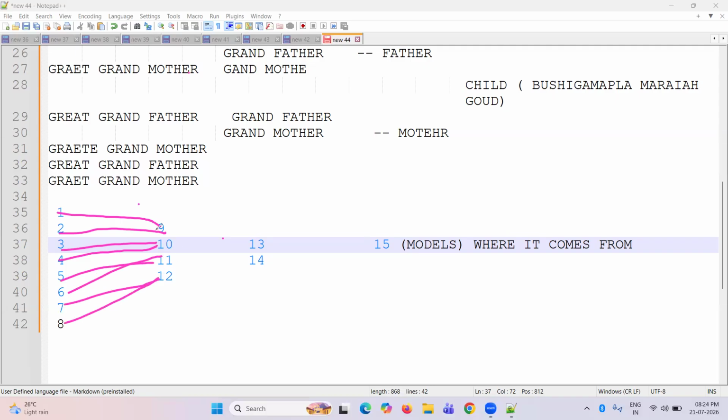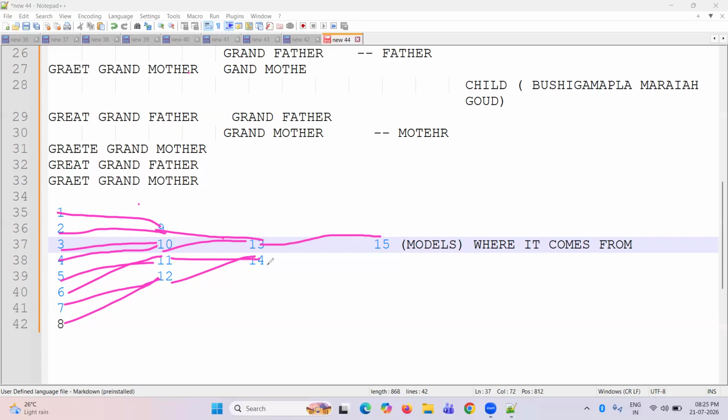Then again, I'm joining ninth and 10th for the 13th, and 11th and 12th for the 14th. Sometimes it's going to be like joining 9 with 10, 9 with 11, 9 with 12. We're going to have multiple models, not just one or two. This is a simple model to understand.